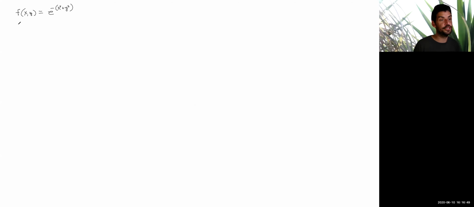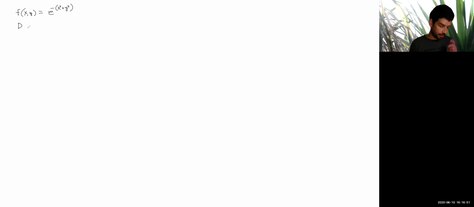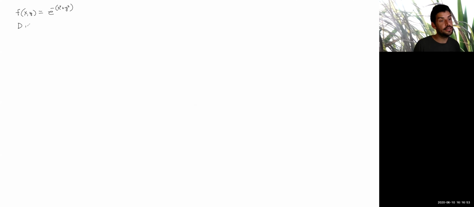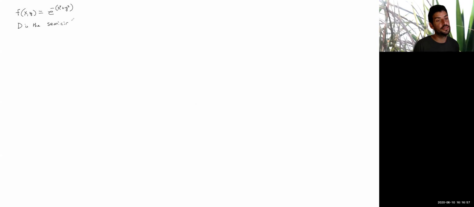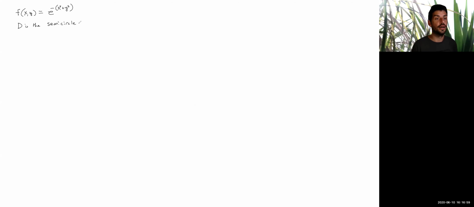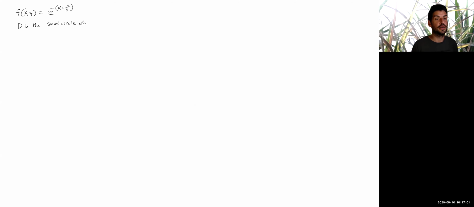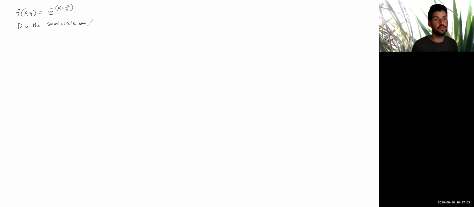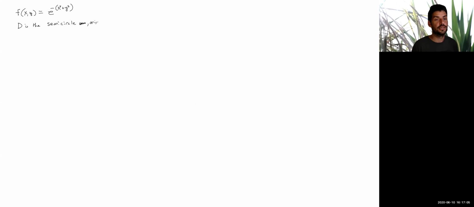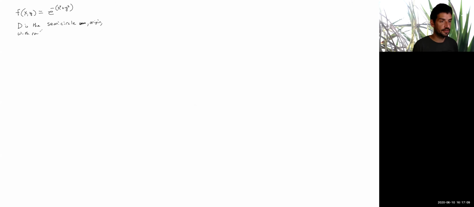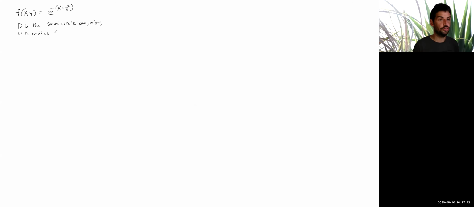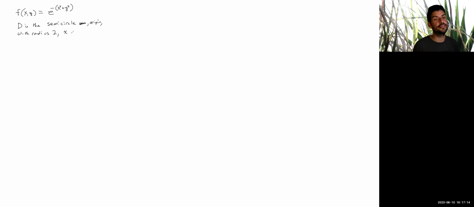And let's take the region D to be the semicircle centered at the origin, let's say with radius 2, where x is greater than 0.